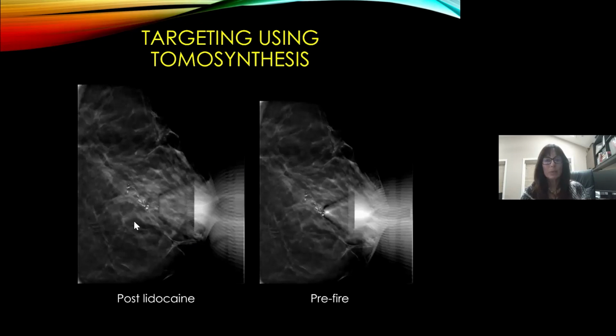After lidocaine was placed, we did a repeat tomosynthesis series, and we like to do this because the calcifications can be displaced by the volume of local anesthetic. On a pre-fire image, the needle is pointing directly at the calcifications, and you can see the calcifications are in focus on this slice right where the needle tip is.